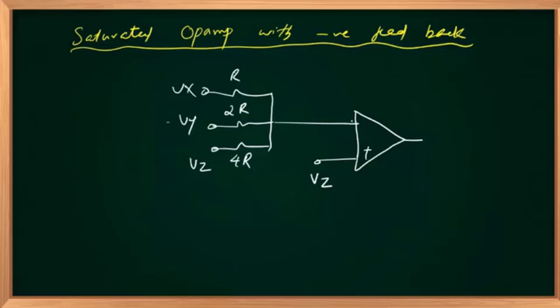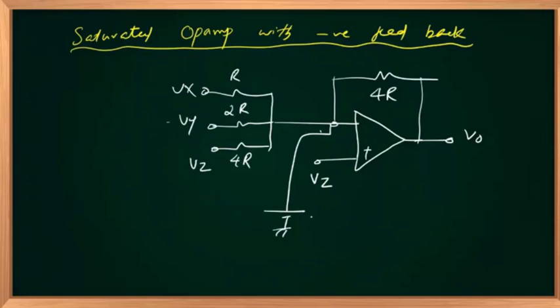Combining this, connecting like this is 4 times R. This is my V out. So this is Vz. This is also at the Vz potential, right? V plus equals V minus. So there is no branch current through 4R and Vz. I have two currents, Ix and Iy, and that current Ix plus Iy flows through 4R, right?